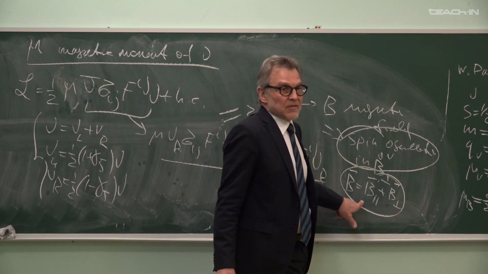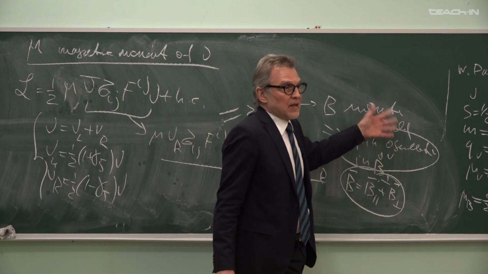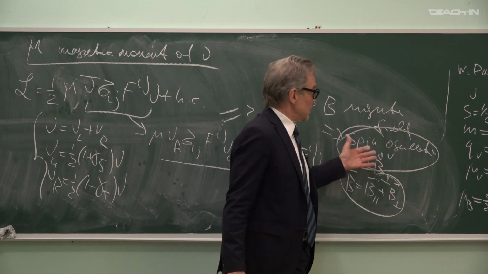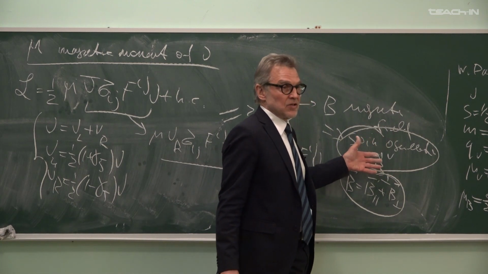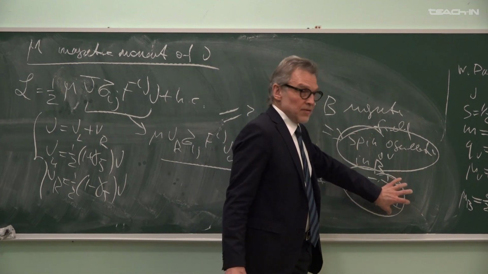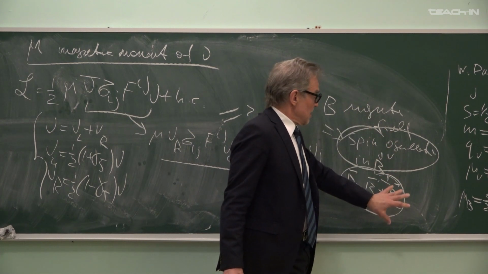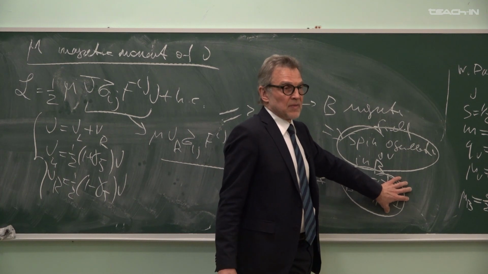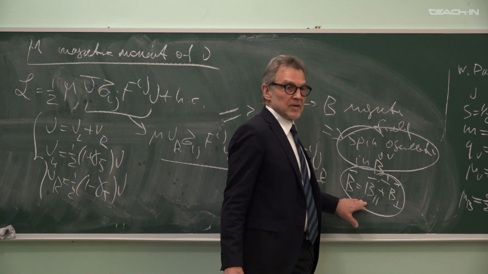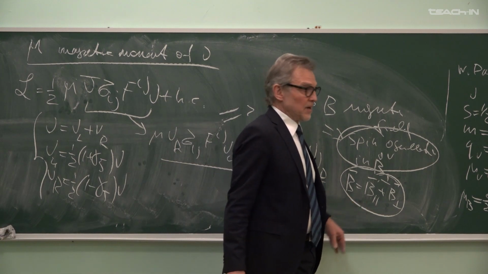So normally, when people speak about the influence of a magnetic field on neutrinos, in particular mixing and spin oscillations, especially in the beginning, they mostly speak about the transversal magnetic moment. They leave out this longitudinal part.